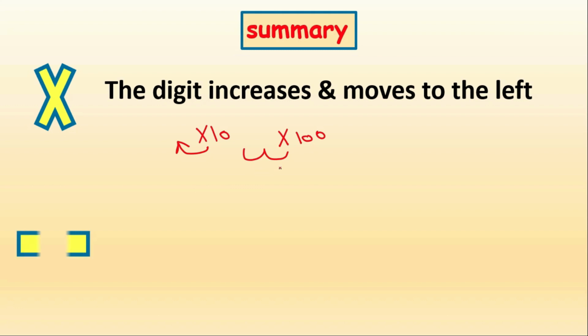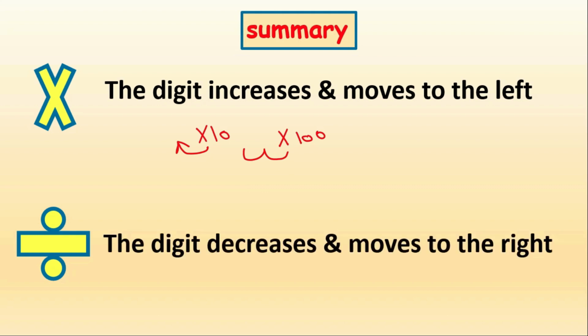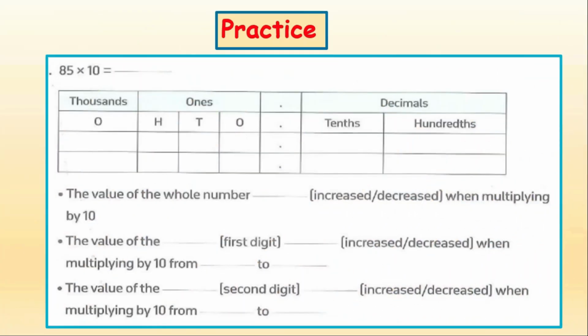Okay, by dividing the digit decreases and moves to the right. يعني dividing by 10 the digit moves one step to right and decreases, or by dividing by 100 already decreases but moves 2 steps to the right. هو ده لازم تكونوا عارفه، انه multiplying increase the digit and move to left, dividing decrease the digit and moves to right.